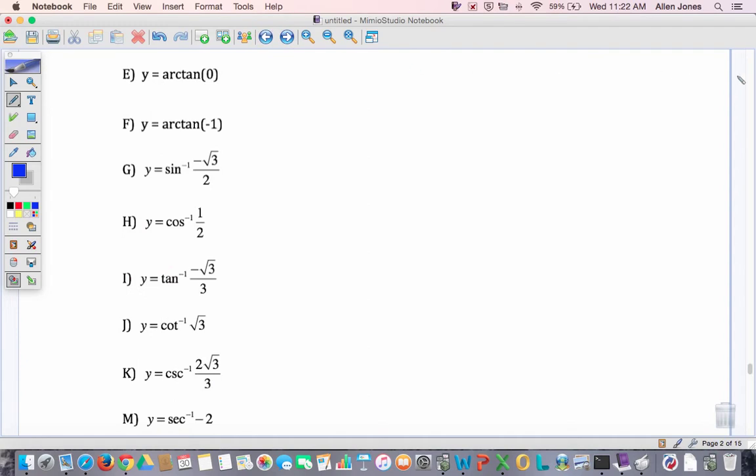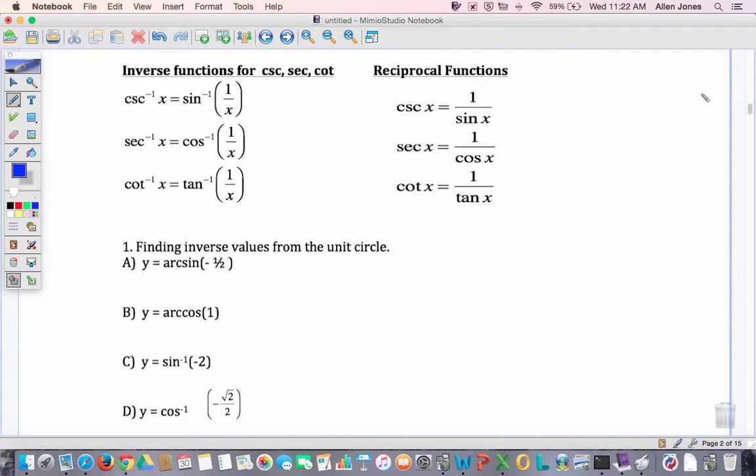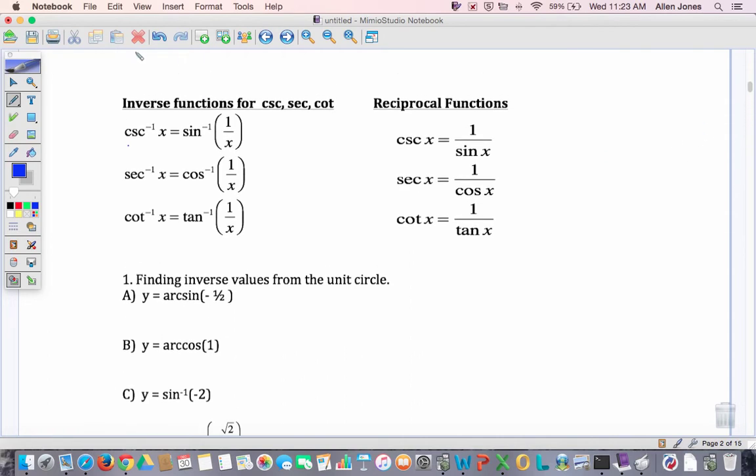Let's move forward here and see what we've got as far as working with our reciprocals. Here, we've also had these reciprocals before. I'm going to mark right up above here, these convert ratios to angles. So we want to convert a ratio into an angle with our inverse function, the inverse cosecant.